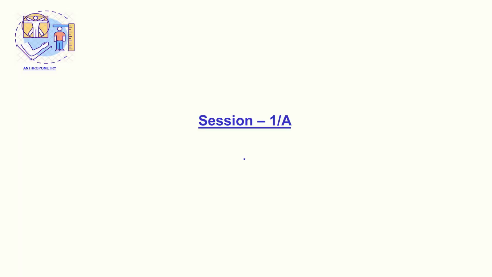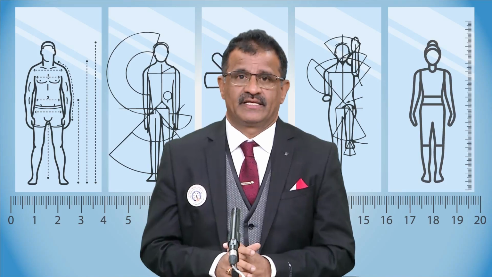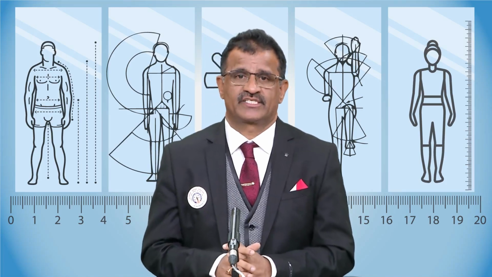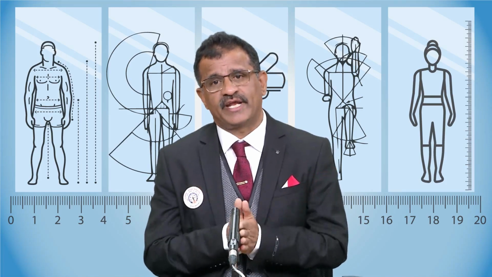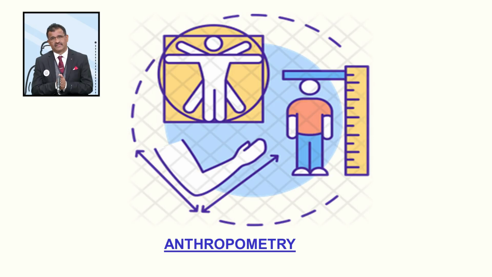So session A of chapter 1 is totally based on introduction to anthropometry. Well, look at this picture. Here you can see the body parts, and you can see some devices which are used to measure the body and its proportions.